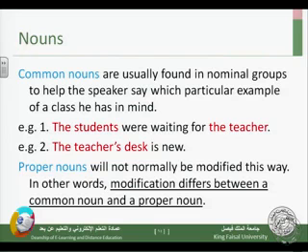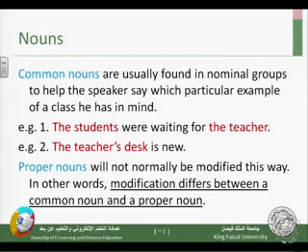So in example 1, the students is a nominal group, and the is a modifier, and this helps us to specify that we're not talking about all students, we're talking about the students, particular students, specific students. So not all students everywhere, a particular group of students.